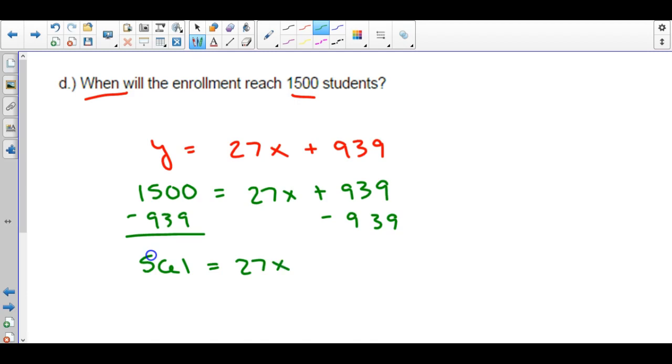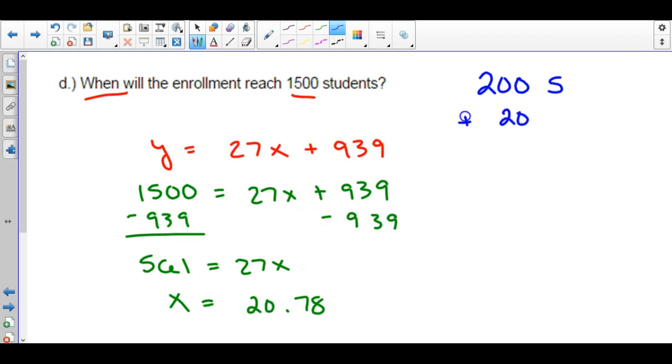And what we're really asking ourselves is, okay, if we grow 27 students every year, how many years is it going to take to get an additional 561 students? And I'm getting 20.78. So that's not the year 20, so what we need to do is think about, all right, we started collecting data in 2005, so I'm going 20.78 years past that.